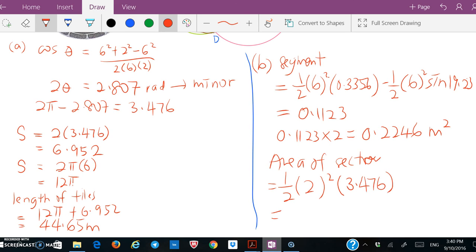Okay, so 2 times 3.476 is 6.952 meter squared.